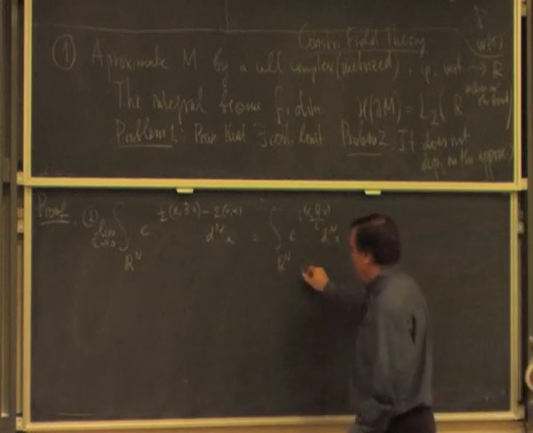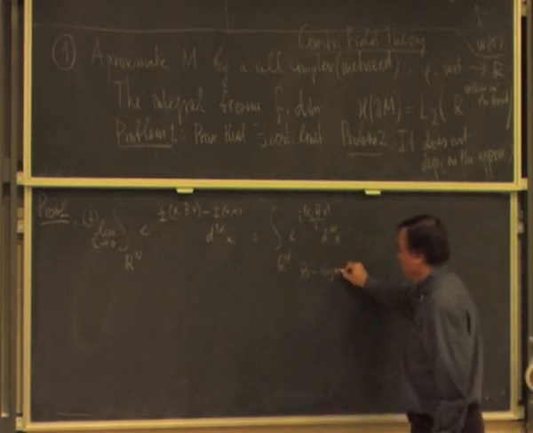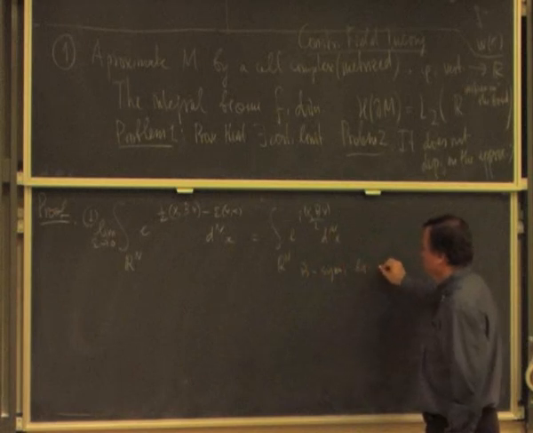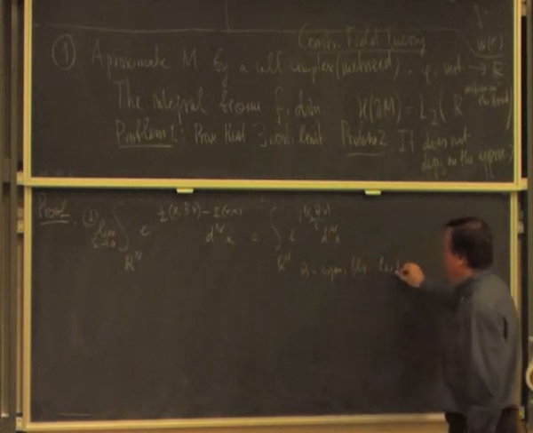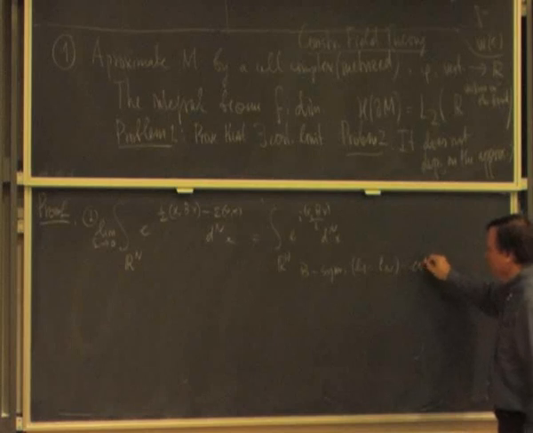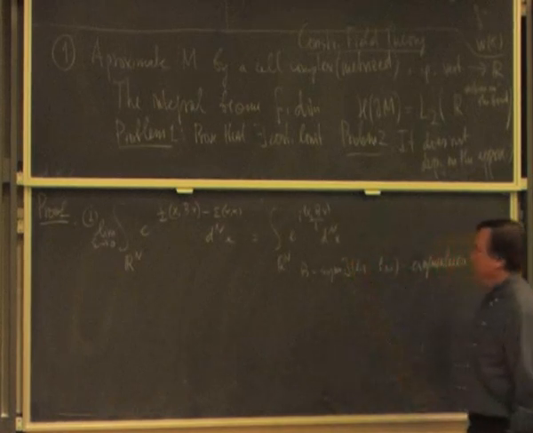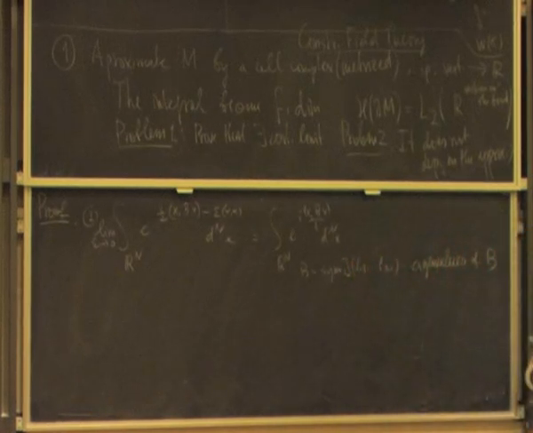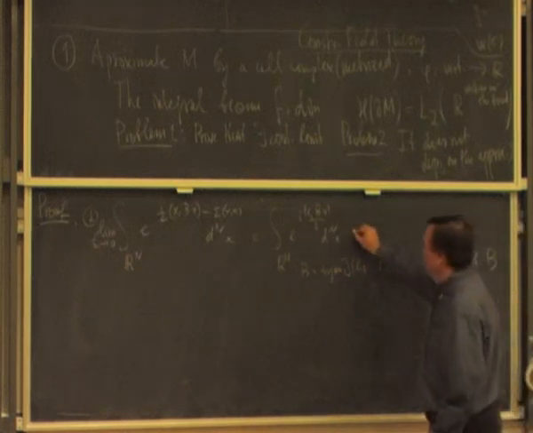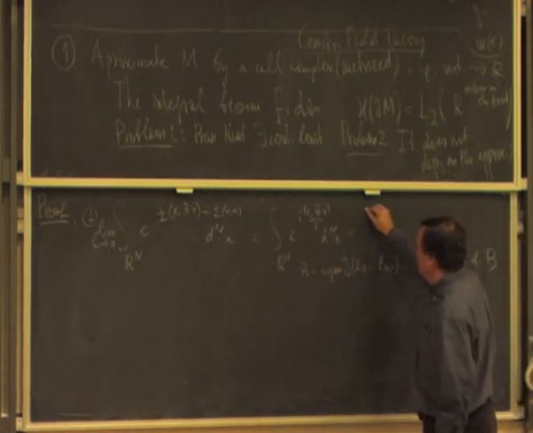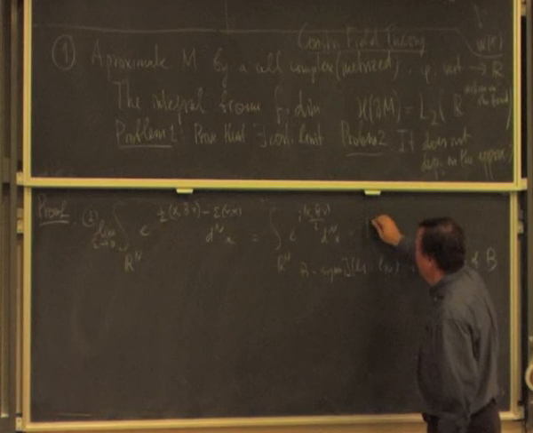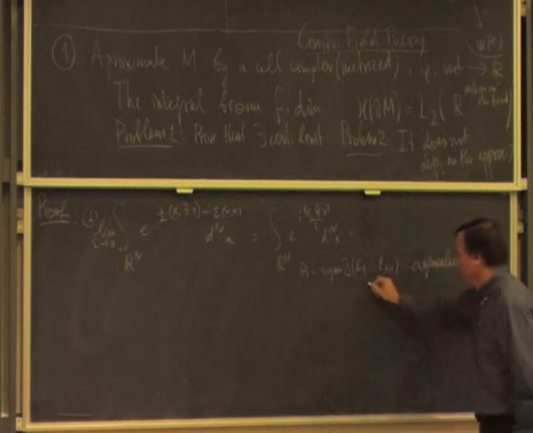Say B is symmetric. Let's assume that b_1 through b_n are eigenvalues of B. Any symmetric matrix is diagonalizable. So then we choose the coordinates.